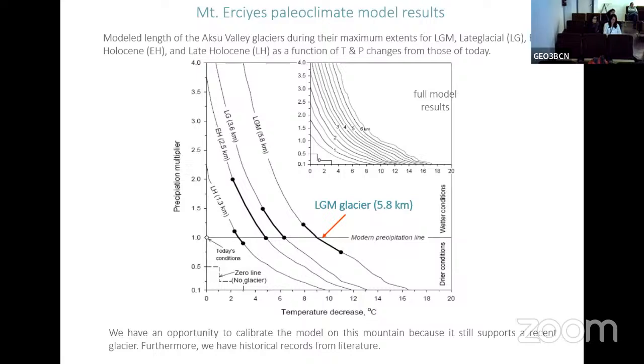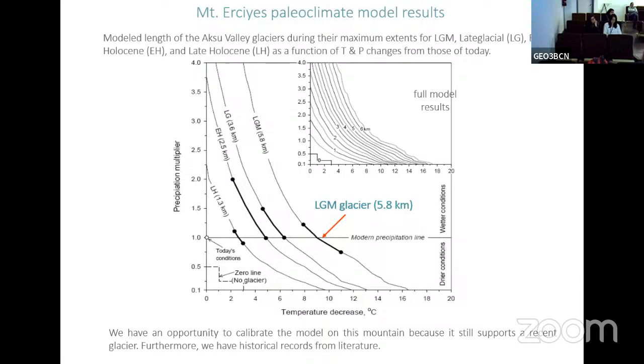So in other words, in Anatolia, especially in the south and in the central part, because the north is a different system from the Black Sea, the paleotemperatures were between 8 to 10 degrees Celsius lower than today, 21,000 years ago, which is more or less confirmed in the Alps.